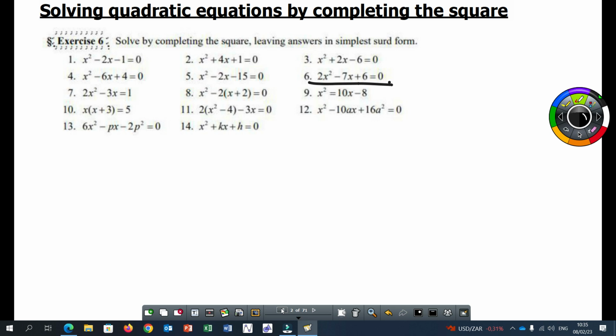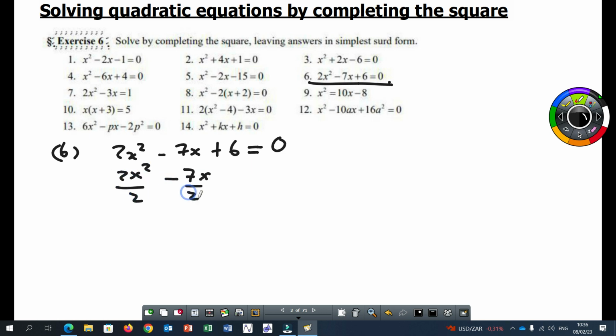I told you that if you want to solve the quadratic equation by completing the square, the coefficient of x squared must be a 1. So you've got 2x squared minus 7x plus 6 equal to 0. First, you make the coefficient of x squared a 1 by dividing each term by the coefficient of x squared, so you divide each term by 2.